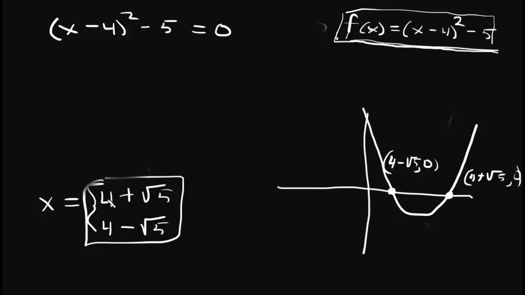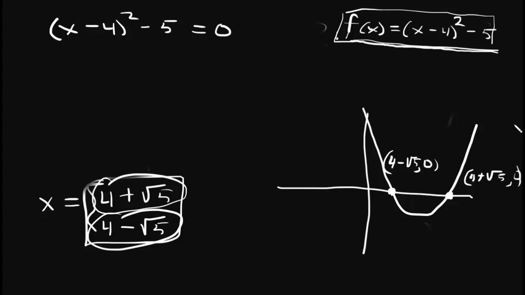So when we put in this value for x into the equation, the y output is going to be 0. So that's how I know that when x is equal to 4 minus the square root of 5, the y height is going to be 0. Our answers were the x coordinates at which the y value, the y height, is going to be equal to 0.